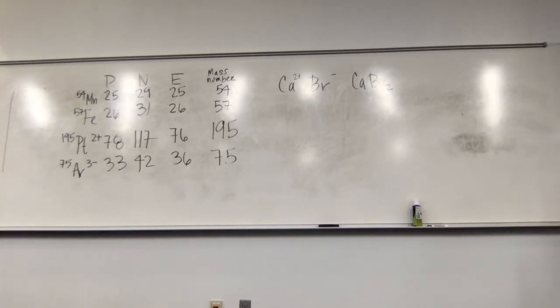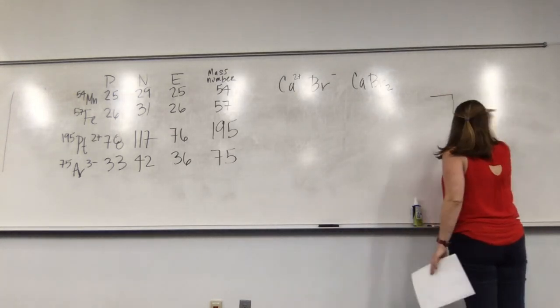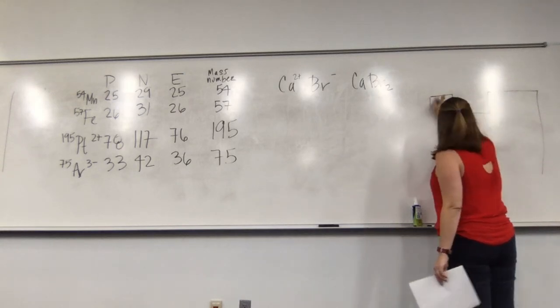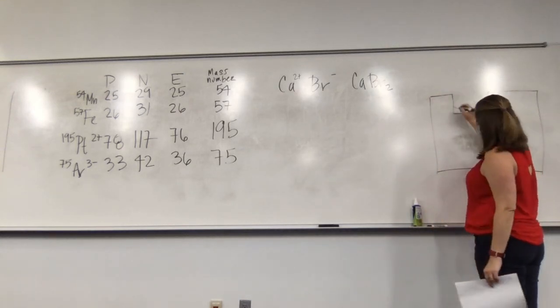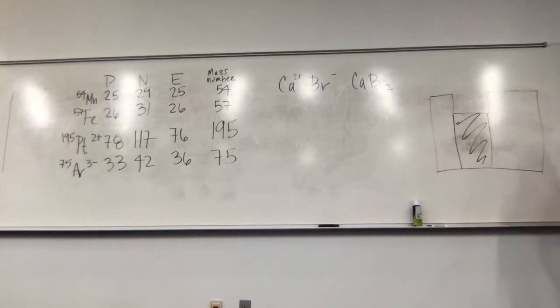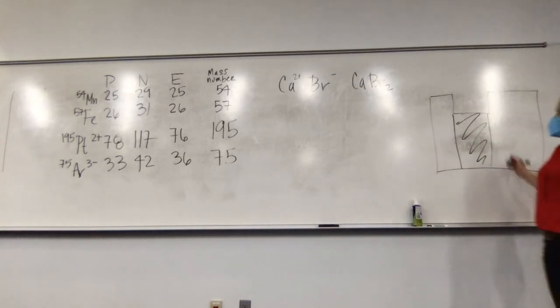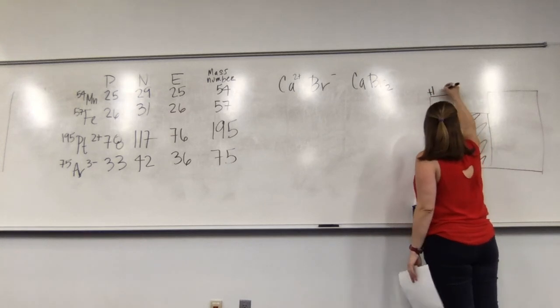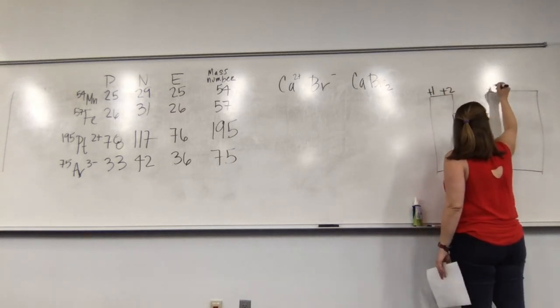Is the charge just the column number? So in the periodic table, in the videos, it talks about how we have the transition metals, which can adopt multiple states, but by and large, as we go across, it's +1, +2.